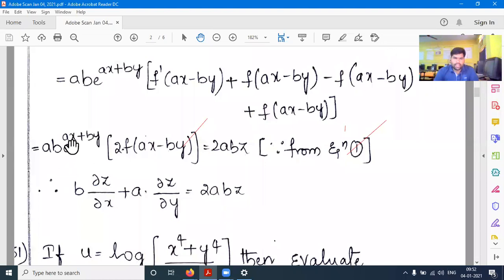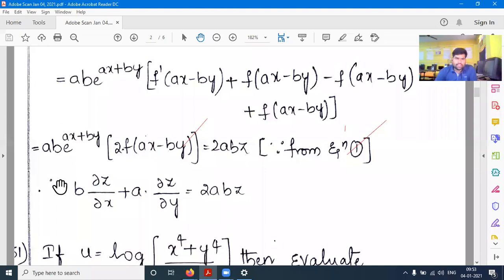ab e power ax plus by into 2 into f of ax minus by is equal to 2ab into e power ax plus by into f of ax minus by. From equation number 1, that is z. So we can write z in place of that.